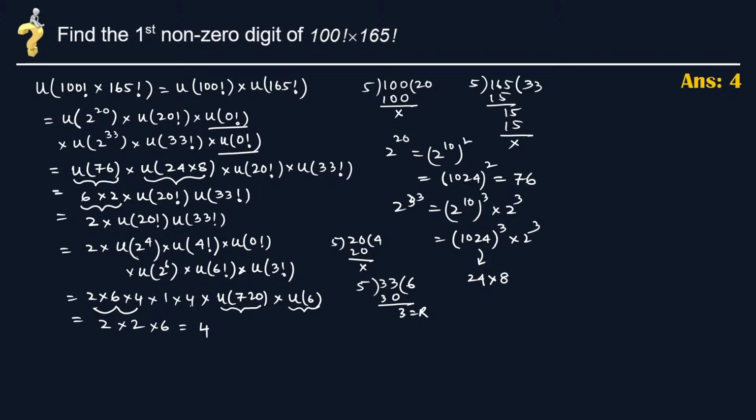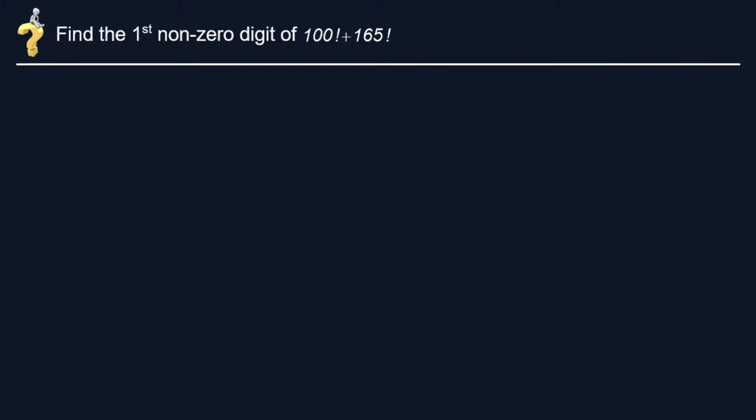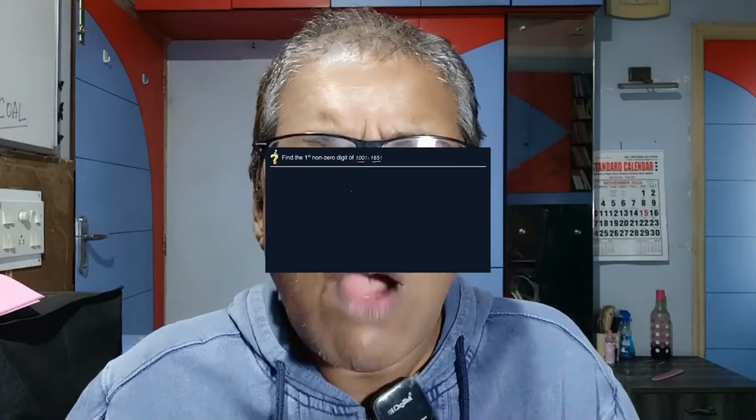I hope this problem is clear to all of you. Let us move to the next problem. The question is, find the first non-zero digit of factorial 100 plus factorial 165. Now one should not do this problem by solving both.